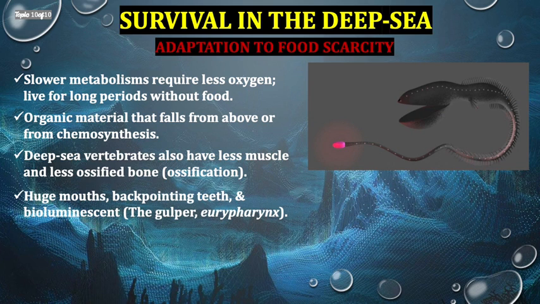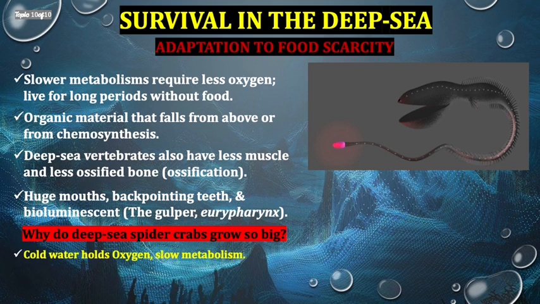Like the gopher fish in the photo on the right, due to the scarcity of food, animals or fishes specifically tend to have huge mouths and back-pointing teeth for better grasp of their prey. And also, they have specialized bioluminescence light either on their tail or in their head or around their bodies.